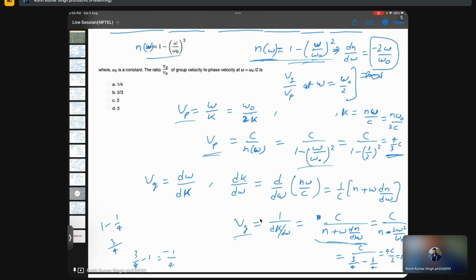And so the ratio Vg by Vp will be 4 by 2c by 4 by 3c, which is 6 by 4, 3/2.